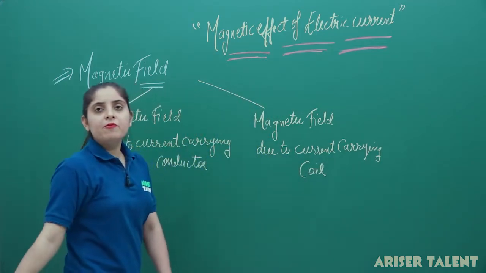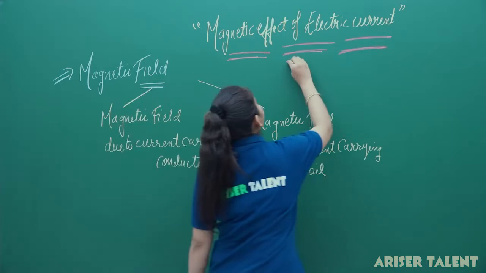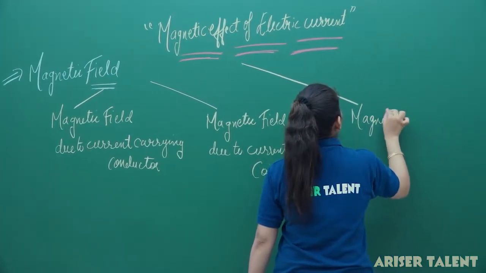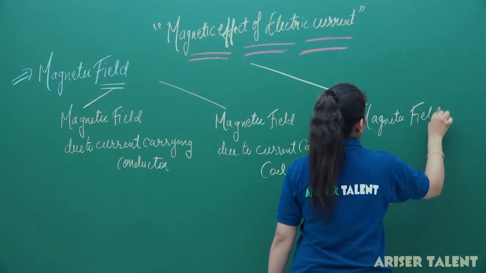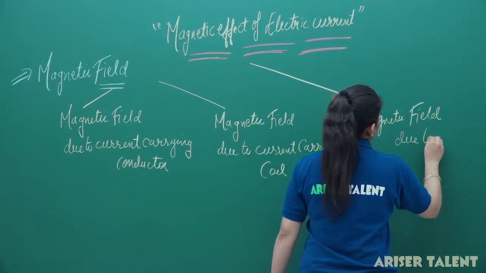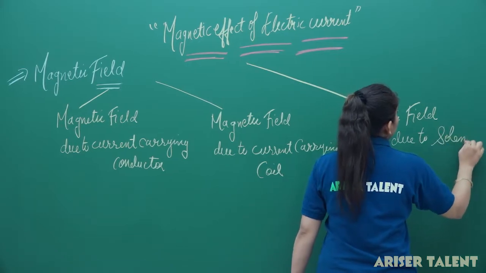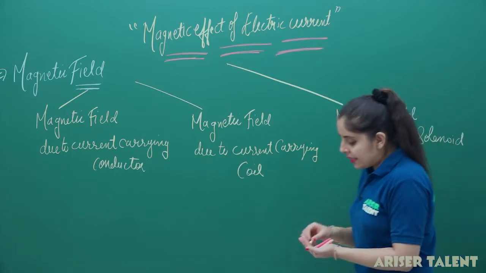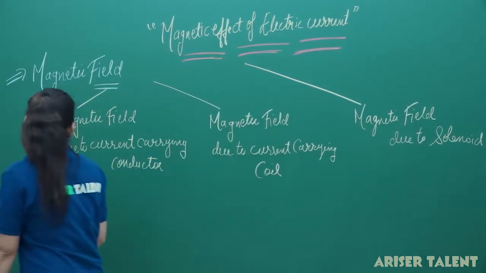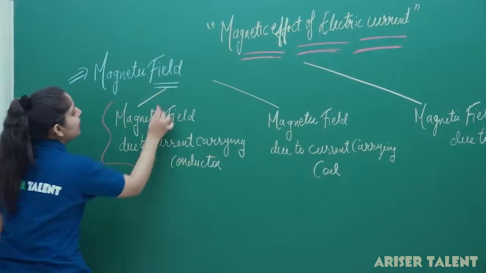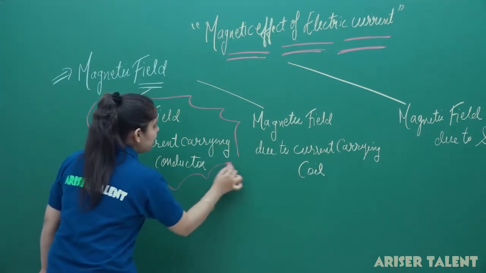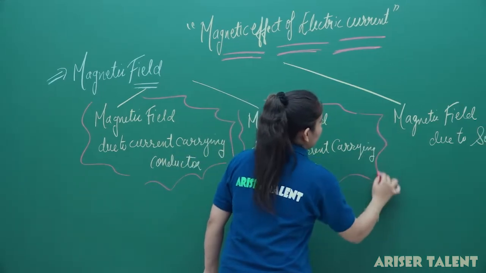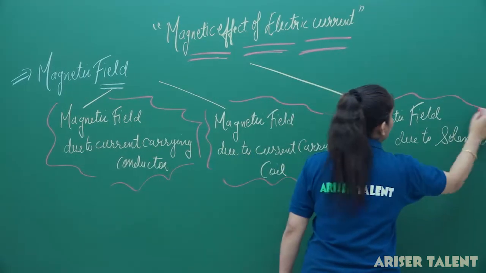And thirdly, we will derive an expression for the magnetic field due to a solenoid. So, we will learn about three basic formulas here and try to determine the magnetic field in each case. The first one is the magnetic field due to the current carrying conductor, the second is the magnetic field due to the circular loop, and the third is the magnetic field due to the solenoid.